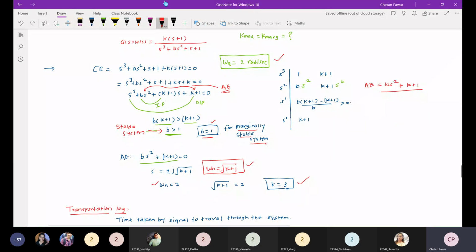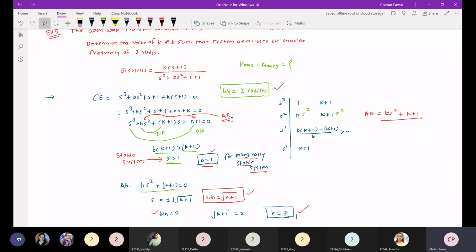But the shortcut method is applicable for third order equations only. I normally prefer the Routh table because if higher order systems are there, the Routh table only will give you the auxiliary equation. Have you understood this problem? Any doubt here?